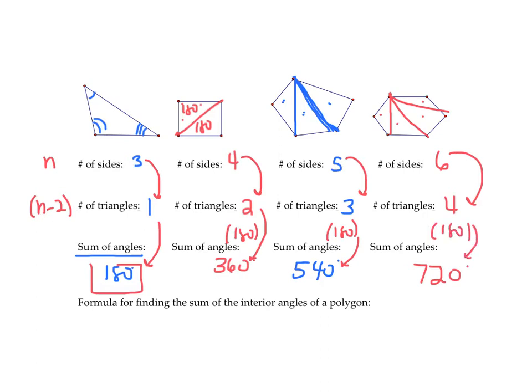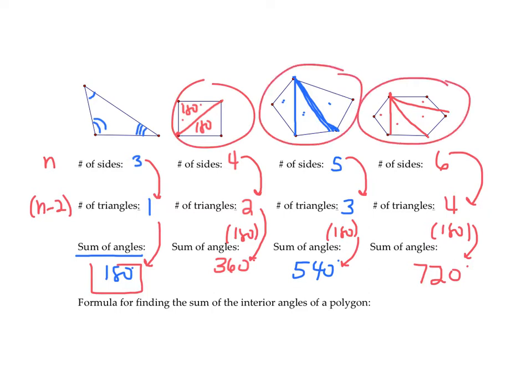This gives us a way to find the sum of the interior angles of a polygon without having to draw in all those diagonals. Okay, so here's the formula. You take the number of sides and subtract 2 and then multiply it by 180 degrees. Works every time.